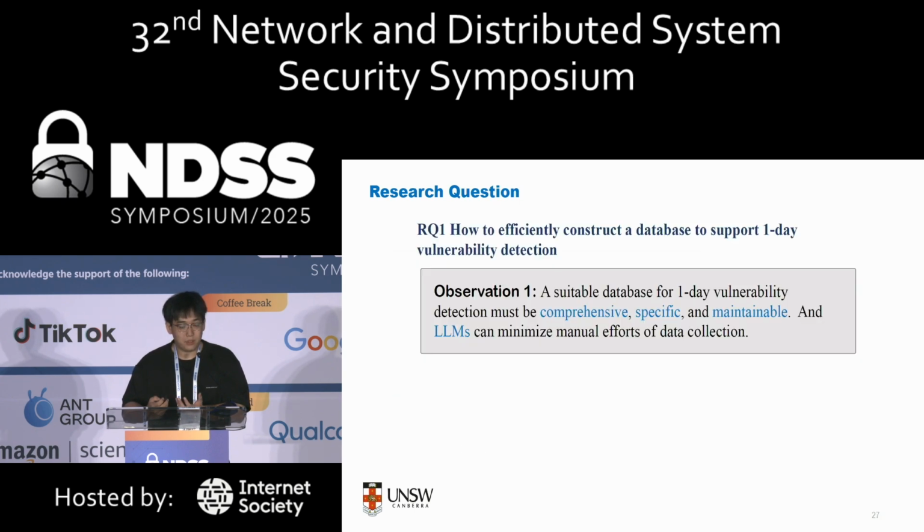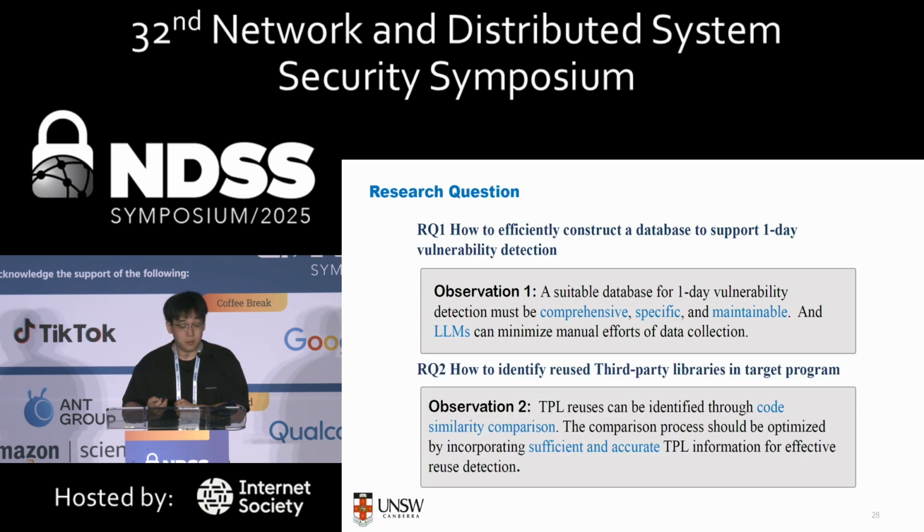Based on our manual analysis, we have three observations. For the first one, a good database for one-day vulnerability detection should be comprehensive, specific, and maintainable, and LLMs can minimize the manual effort for data collection.